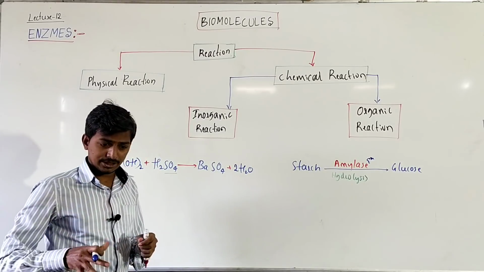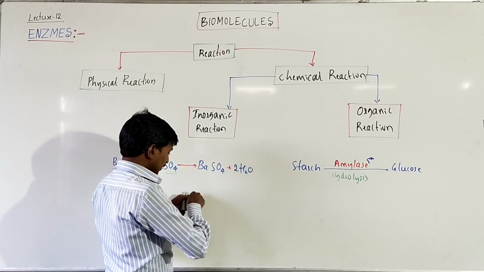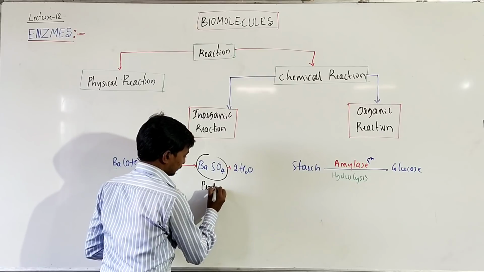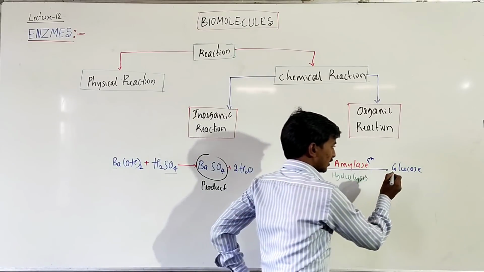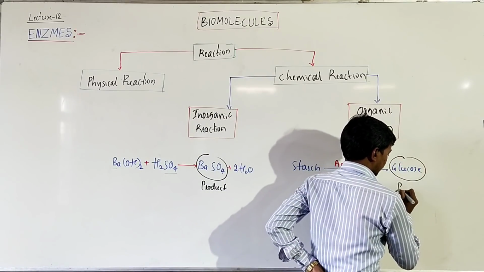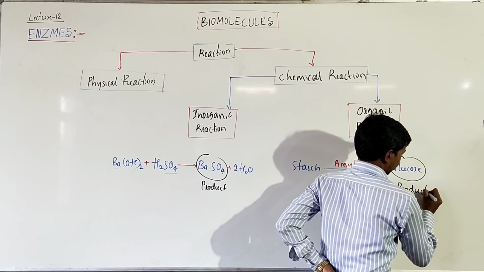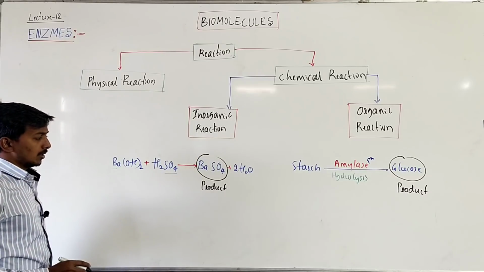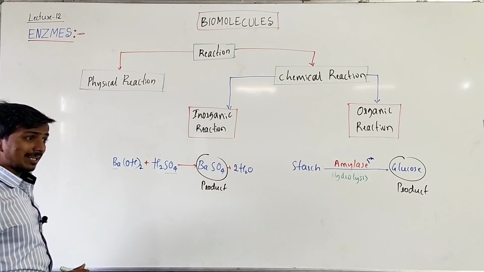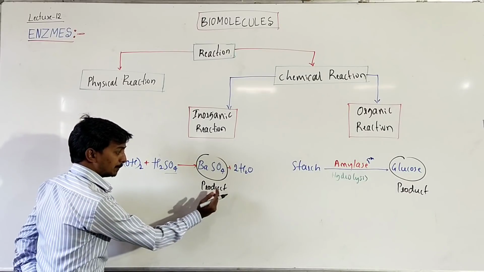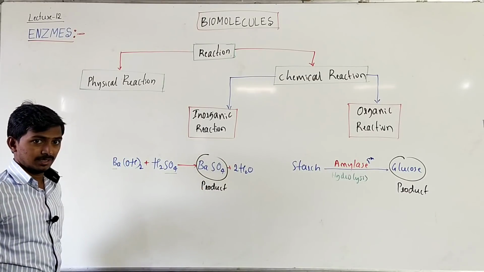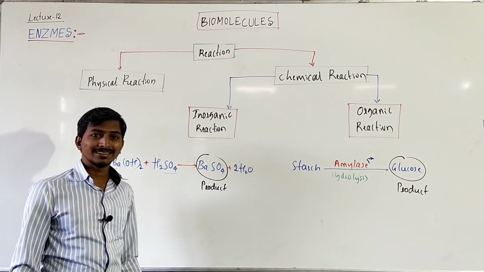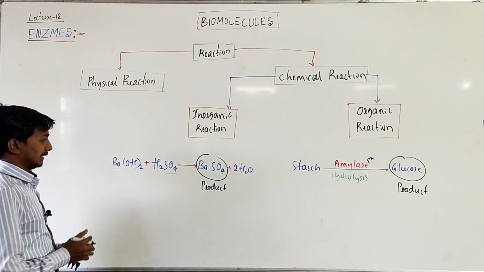Right. Here one more thing we can imagine: every reaction has a particular speed and a particular amount of product is formed. In every reaction a product is formed. This is the product. Here, when we count the time and the product, meaning in a particular time how much product is formed, that is known as the rate of a reaction.